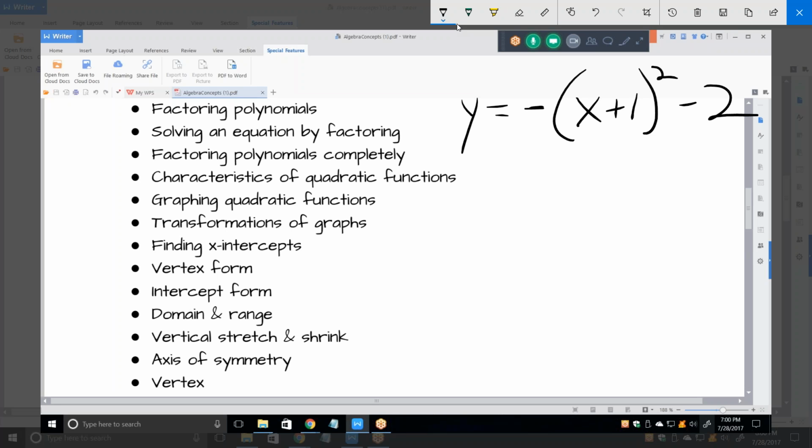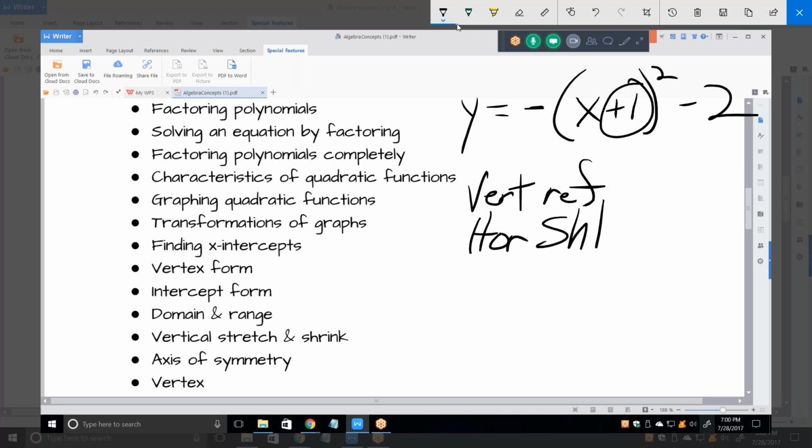It would be a vertical reflection, which is over the x-axis. And what's that do? A horizontal shift to the left. Good. And then it would be a vertical shift.